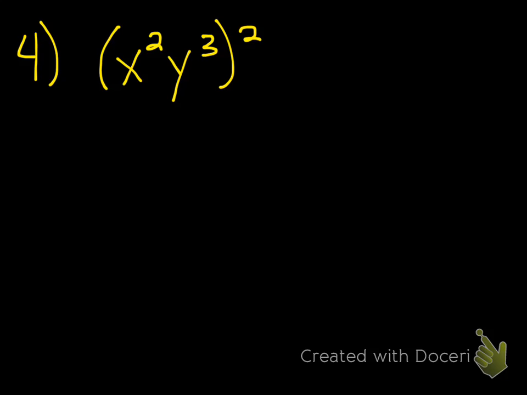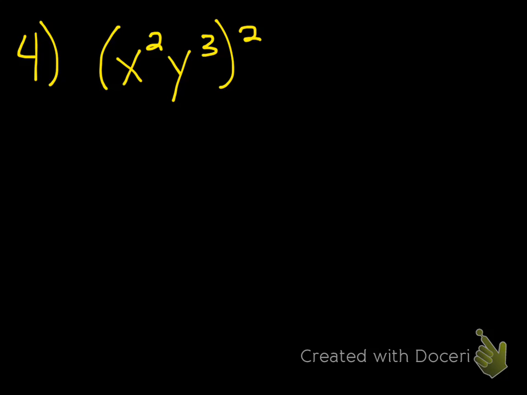Okay, so on this first one, first let's look at it. We're doing 2 things. We're raising a power to a power, and we have x squared times y to the third power, and that's all raised to the second power. So remember, if you're raising a power to a power, you take that exponent and apply it to everything.